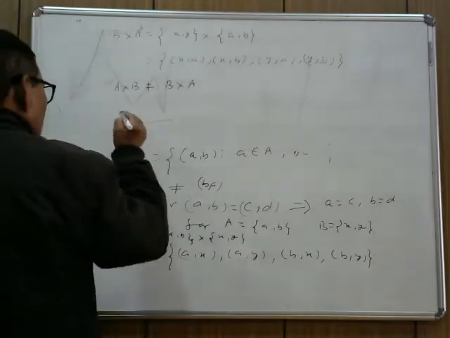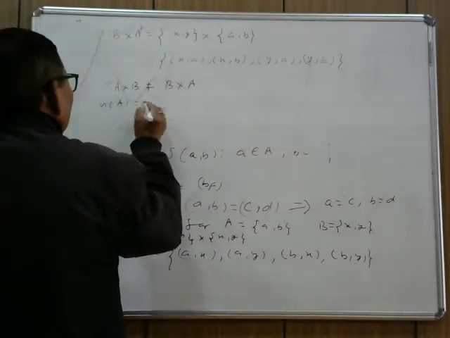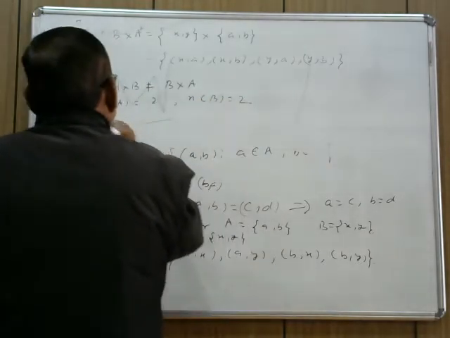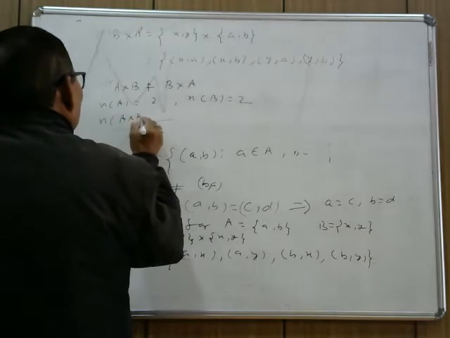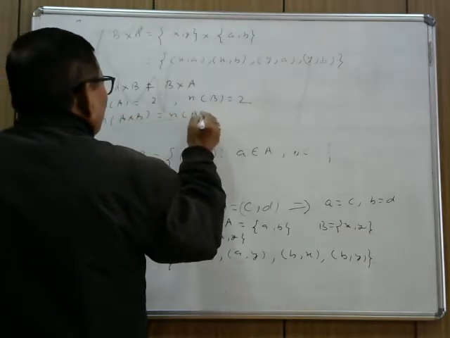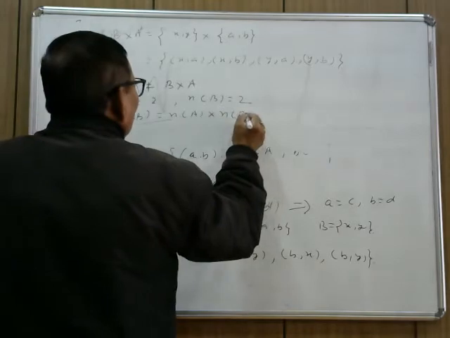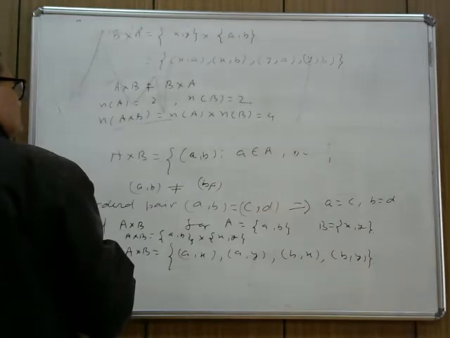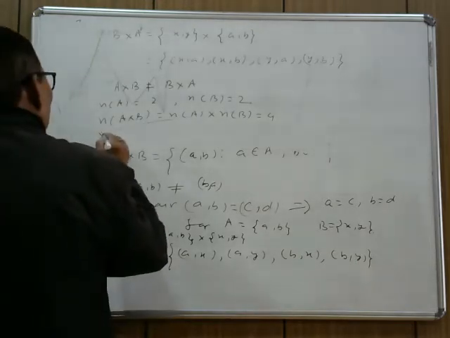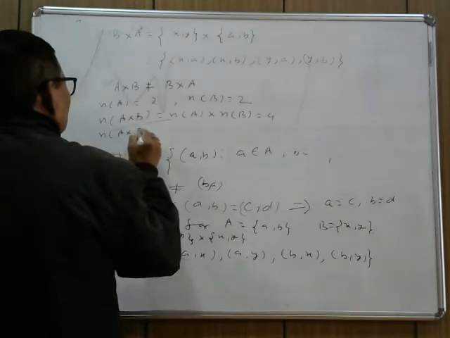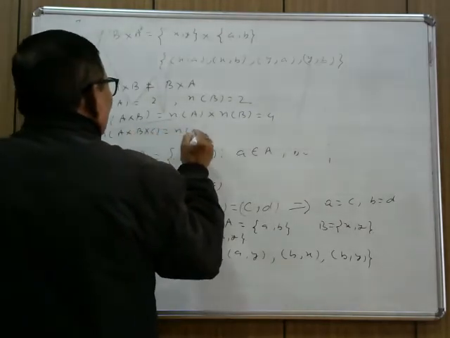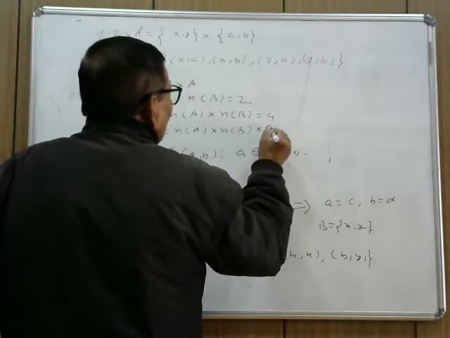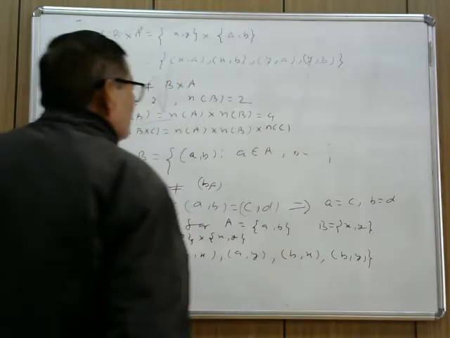Now here the number of elements in A is 2, and the number of elements in B is also 2. So the number of elements in A cross B is equal to the number of elements in A into the number of elements in B, that is 4. Similarly, the number of elements in A cross B cross C is equal to the number of elements in A into the number of elements in B into the number of elements in C. So this becomes the formula.